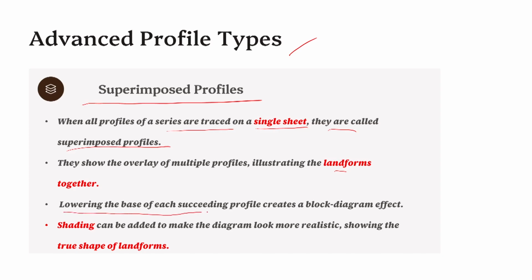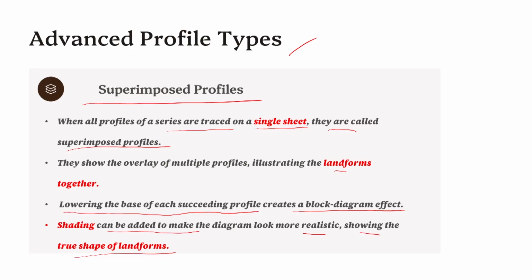Lowering the base of each succeeding profile creates a block diagram effect. It looks like a block diagram effect. Shading can be added to make the diagram look more realistic, showing the true shape of landforms. So, where different elevations are there, you can use different shading. With the shading, like an artistic skill, the relief represents the different landforms that area covers.